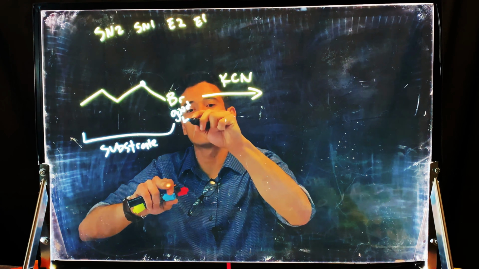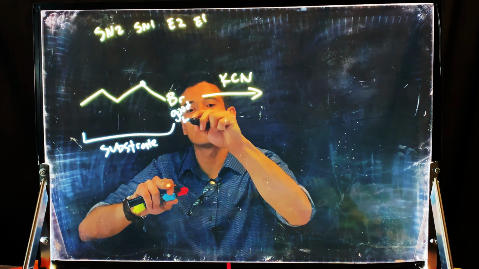Now when we say primary, we're saying that this is attached to just one other carbon. So this would be primary. If it had another carbon coming off, it would be secondary, and so on. So that's the first thing we want to consider: primary, secondary, tertiary. Next we want to look at our reagent, or I like to call it our nucleophile.